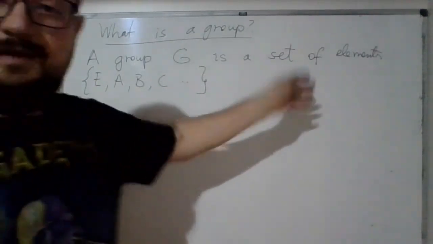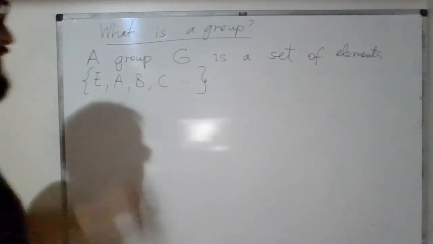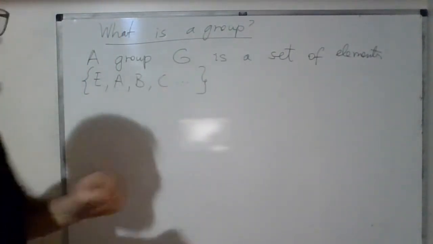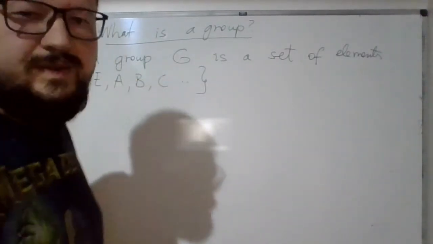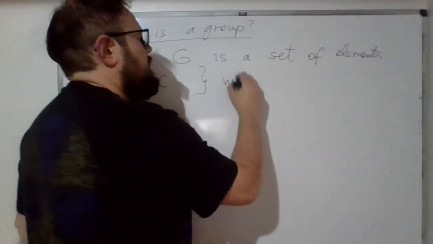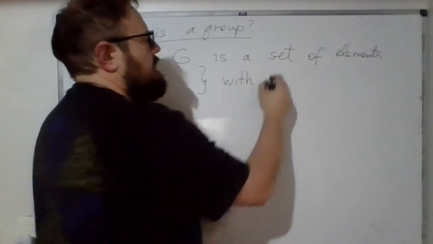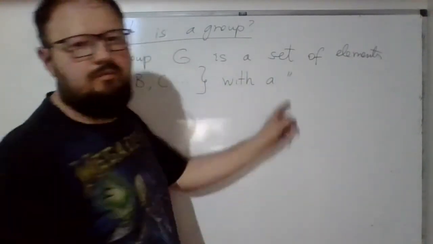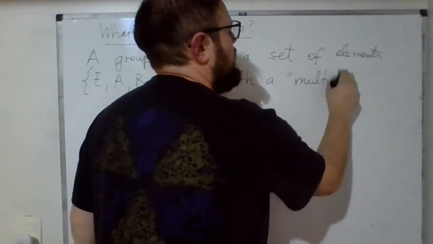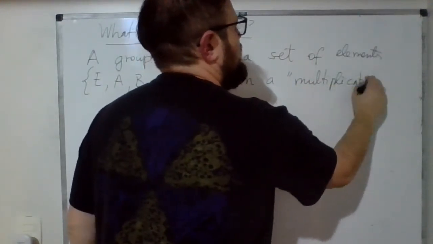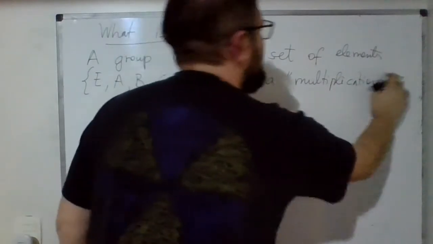Perhaps a curly bracket is better to represent it. So G is a set of elements endowed with a so-called multiplication operation.